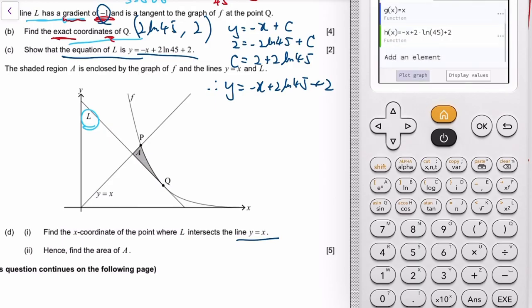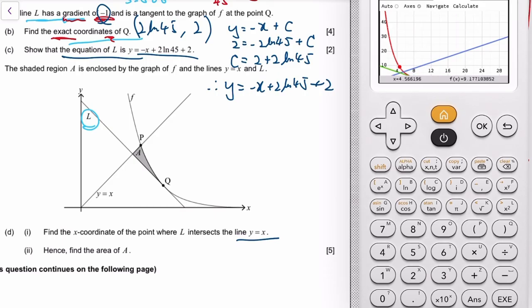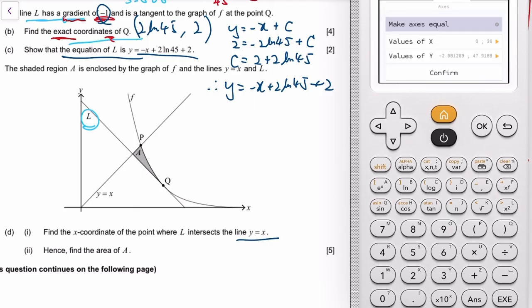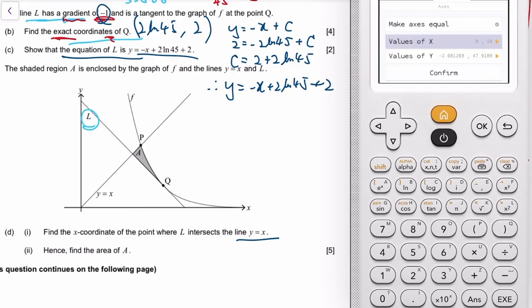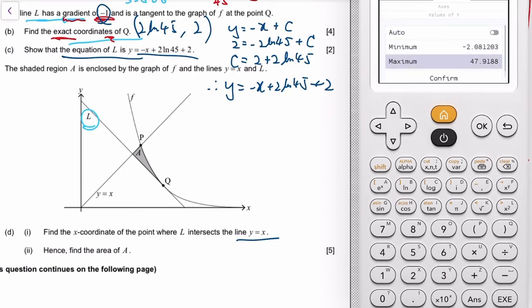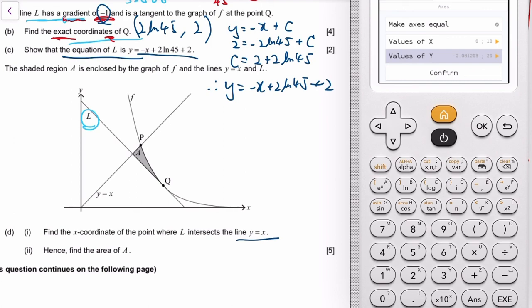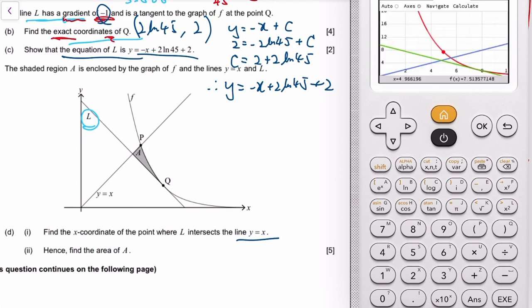Looks like I should zoom in there. Maybe the y is too much. Okay, that's better. The scale is a bit off. The graph is a bit squished, but it's good enough.